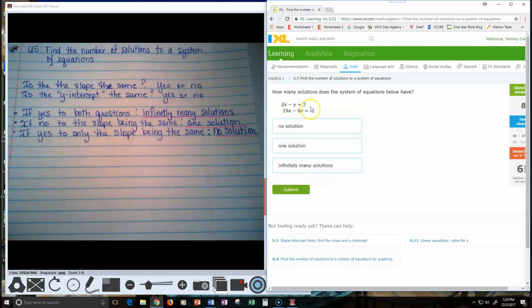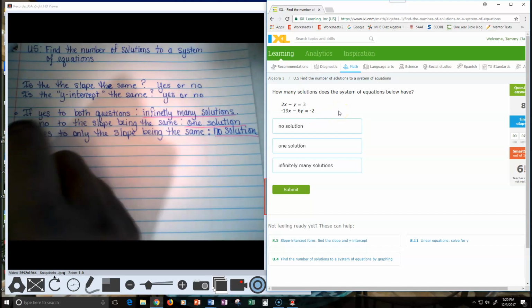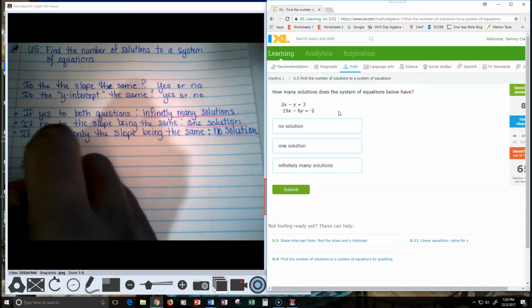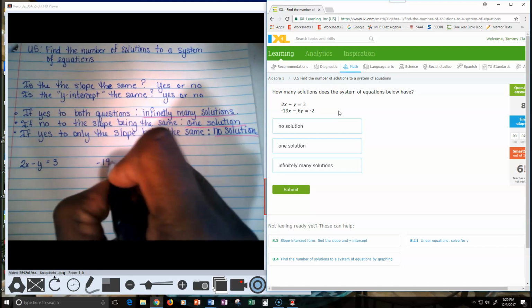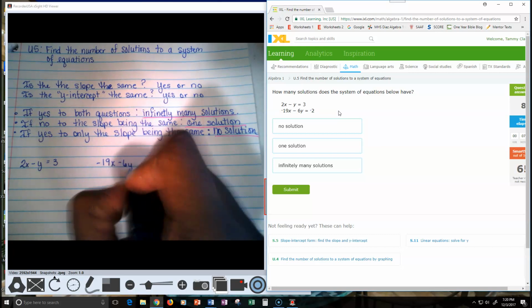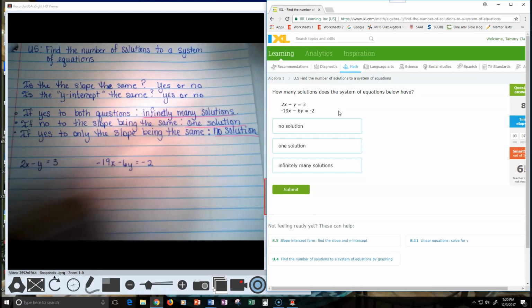Oh, here we have standard form. So I'm going to tell you to make this easy, change them both into slope-intercept form. So we've got 2x minus y is equal to 3. And then we've got negative 19x minus 6y is equal to negative 2.